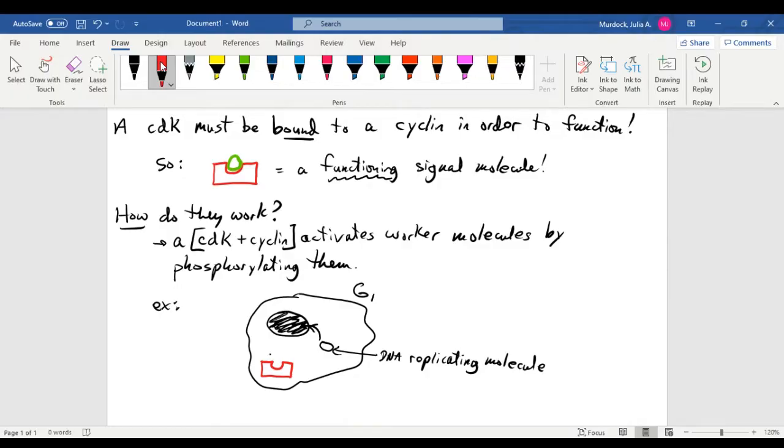So the cyclins are only going to be present when what things are happening? Well, the cyclin only increases in concentration so long as the cell has checked that its DNA is perfect, that it's a big enough cell, and that there are nutrients in the environment. As long as those things are present, along comes the cyclin, binds to the CDK. Now you have an activated CDK.